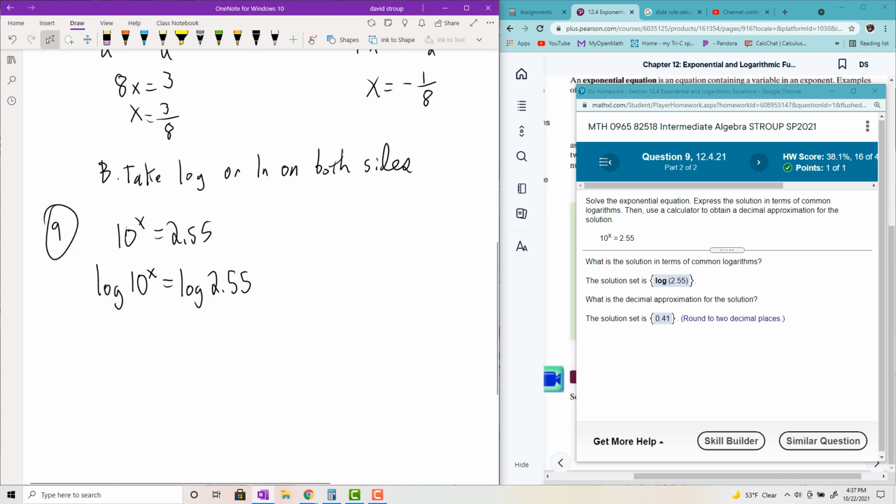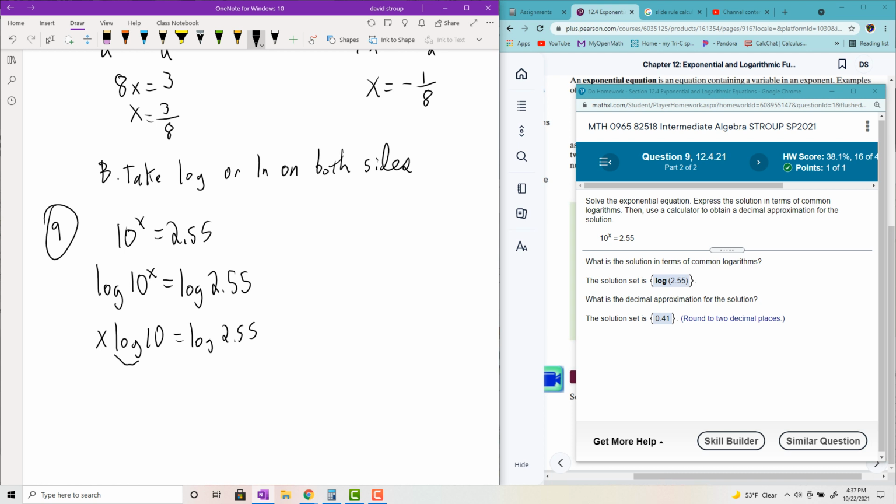Then on the left here, it's asking 10 to what power is 10 to the x. They're actually inverses, so the log and the 10 kind of cancel each other out, and you just have x. If you don't like that kind of thinking, you could always do a power rule and have x log base 10 of 10 equals log of 2.55.